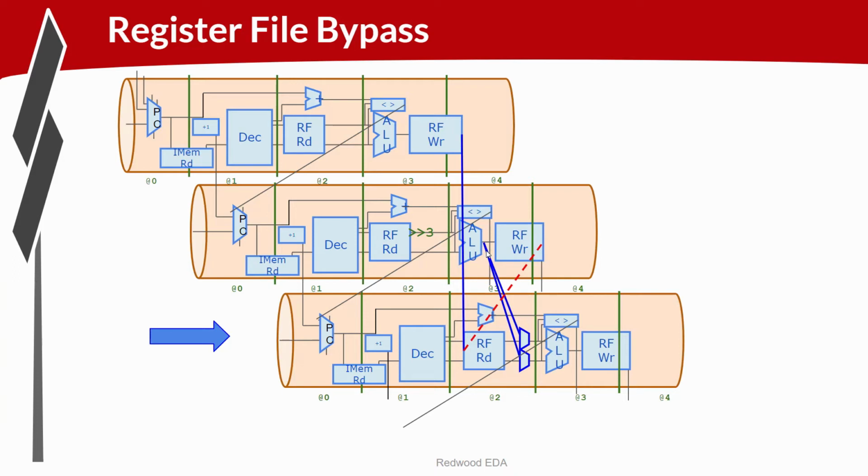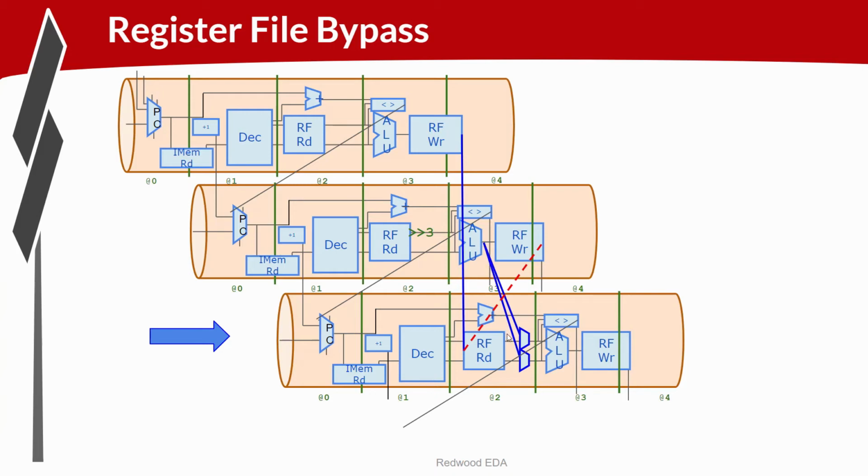So if we look at that case now, the read after write, the previous instruction is writing a register that we happen to be reading in this instruction. And the value that it's writing is the result of that previous instruction. So the value that we need to read from the register is that result of the ALU of the previous instruction.